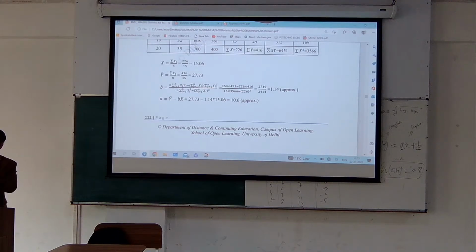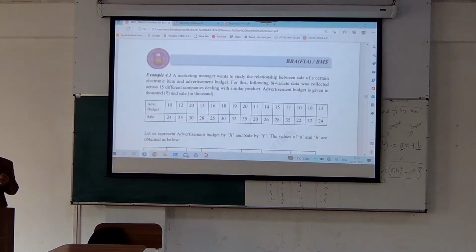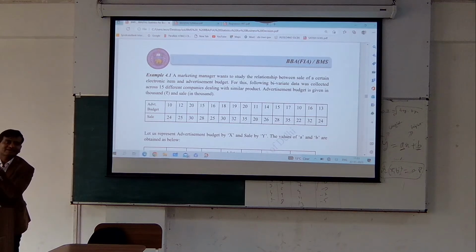So this guarantees that this line is the best fit for all these points. जो आपको ये points दिए हैं, डेटा गिवन है, ये जो आपका 15 कंपनीज का डेटा है ना, if you plot on graph paper, एक पॉइंट इधर इधर ऐसे है, तो you fit a line basically, and that line is the best because you have minimized the errors.